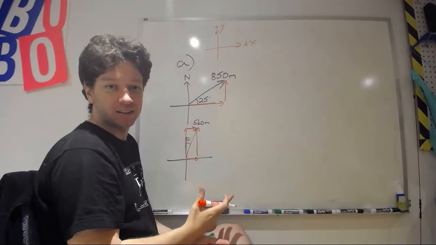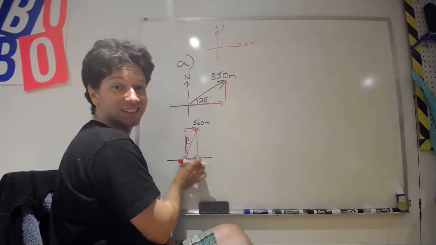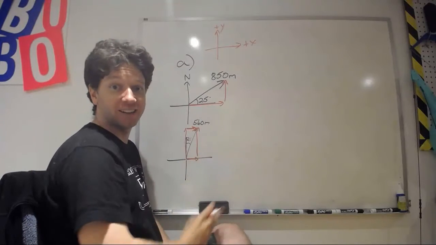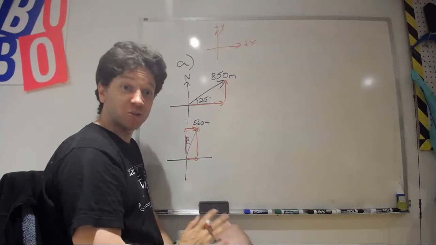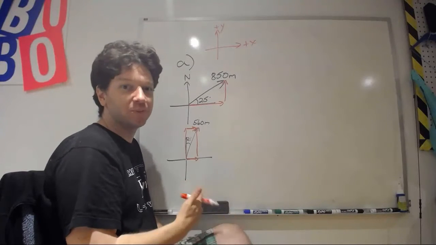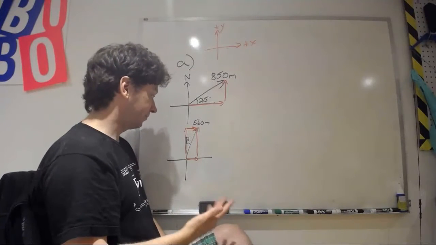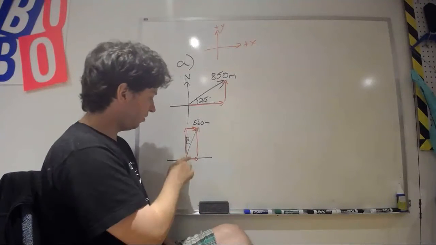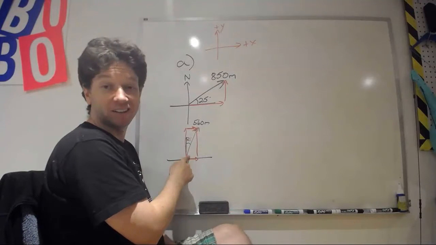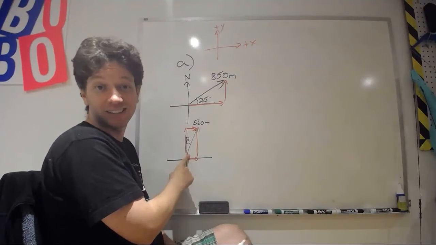It doesn't matter. This x vector is the exact same as this one, it's just translated to a different location on your grid. But its direction and its magnitude are identical. It doesn't matter where it's placed on the grid. So you can either use 21 degrees here to help you solve it, or you can just do 90 minus 21 and use this angle if you prefer to use the angle to the x-axis.